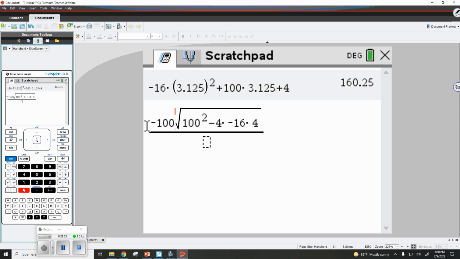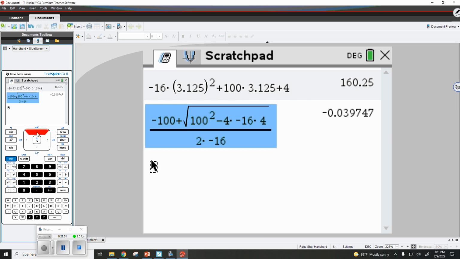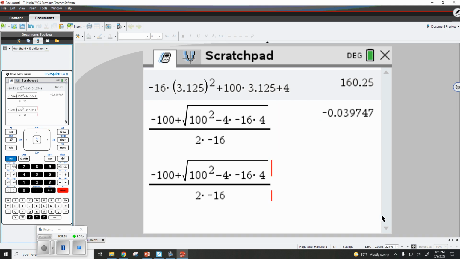Negative 100 all over 2a, so 2 times negative 16. So that'd be our plus for that one, right? Now for the minus, what we can do is instead of retyping the whole thing, arrow up and change it, and enter.